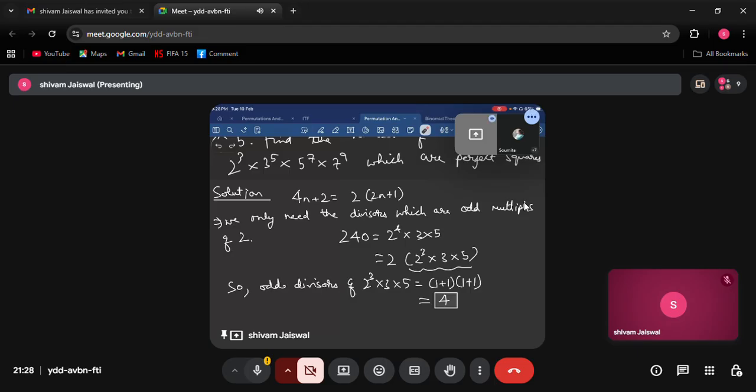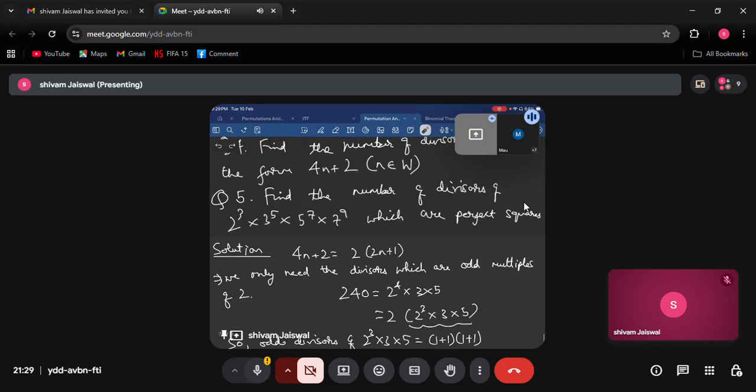I wrote it as 2 into n plus 1 instead of 2 into 2n plus 1. So I hope you have understood now.